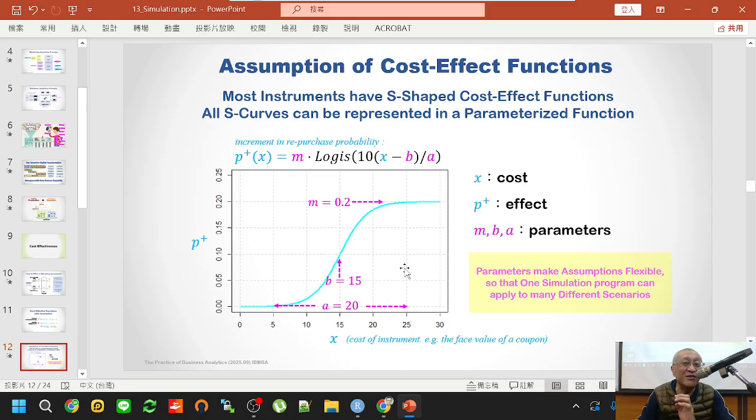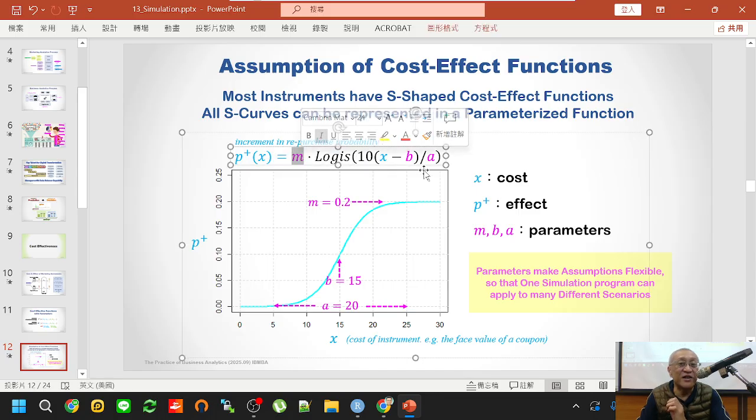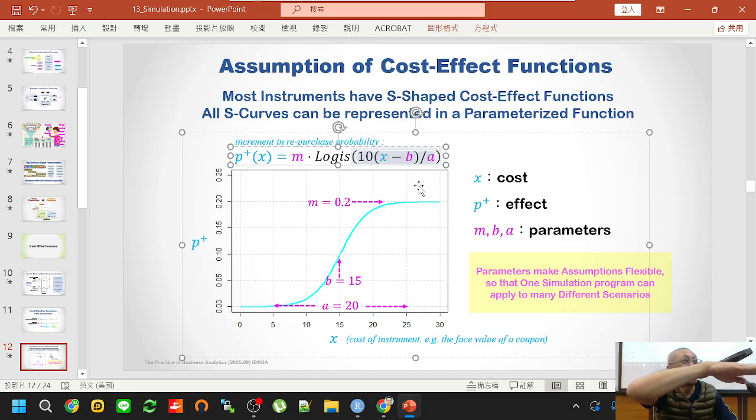If we write a program to simulate the cost effectiveness of a marketing instrument in this form, then by adjusting M, B, and A, we can simulate any instrument. Because we know that for every marketing instrument, the cost effectiveness relationship is like an S curve.